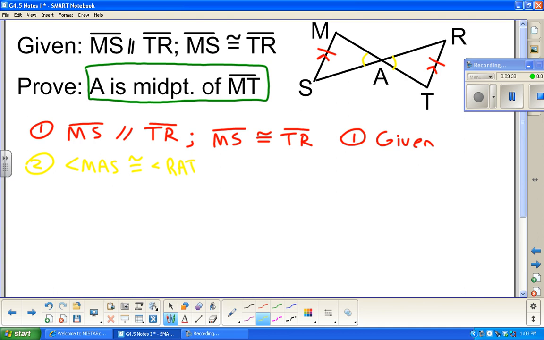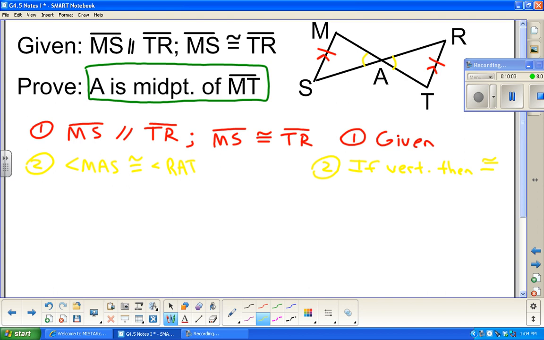Either one of those. And reason on that? Vertical. Right. If vertical, then congruent. Okay, those 2 are vertical angles. So we got one side and we got one angle so far.